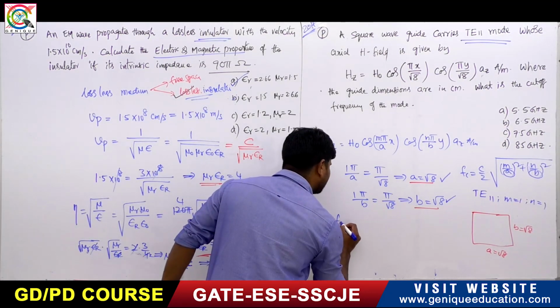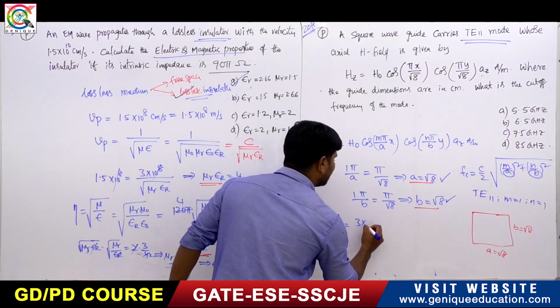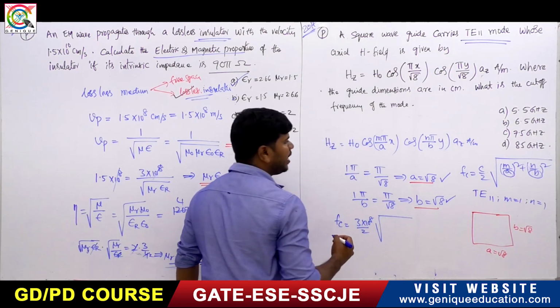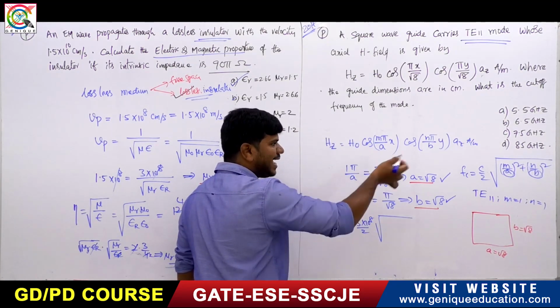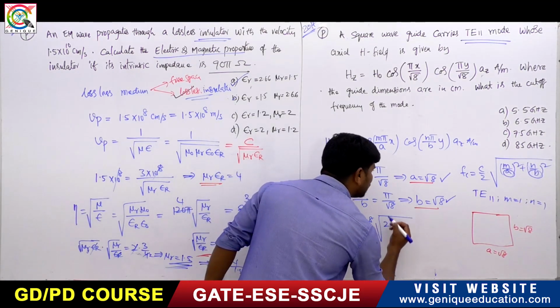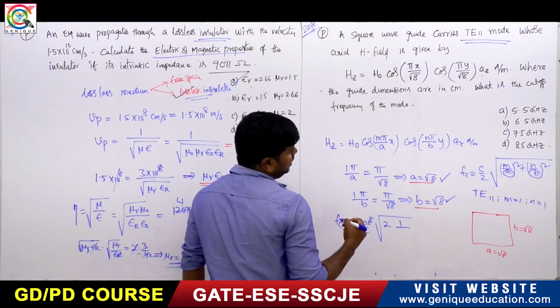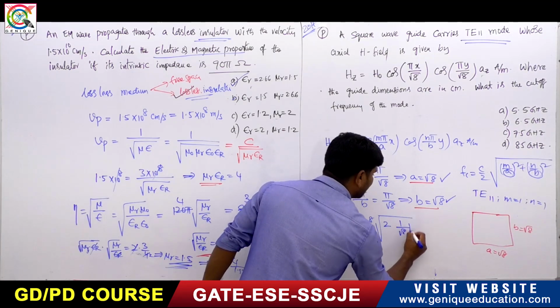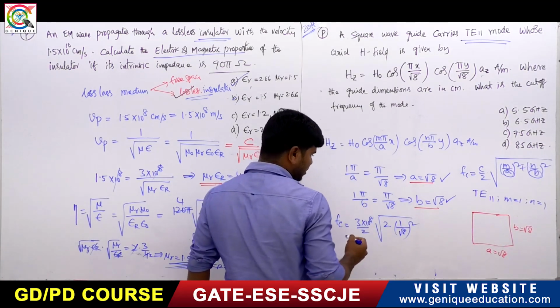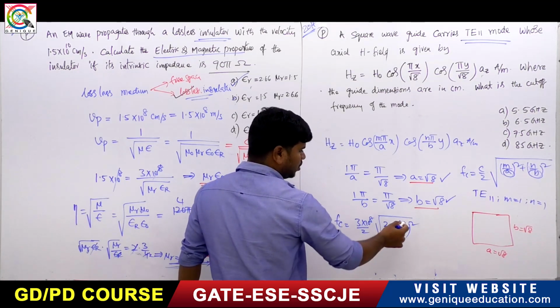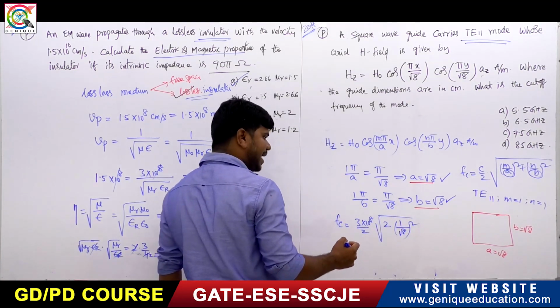We have to find the cutoff frequency. Fc is equal to c by 2, 3 into 10 power 8 divided by 2, root over (m by a) whole square plus (n by b) whole square. A and b are equal, so you can write 2 into 1 divided by a whole square. A is root 8, whole square, so this is 2 into 1 divided by 8.